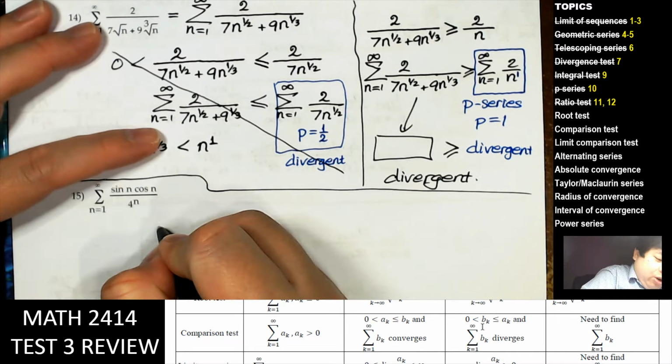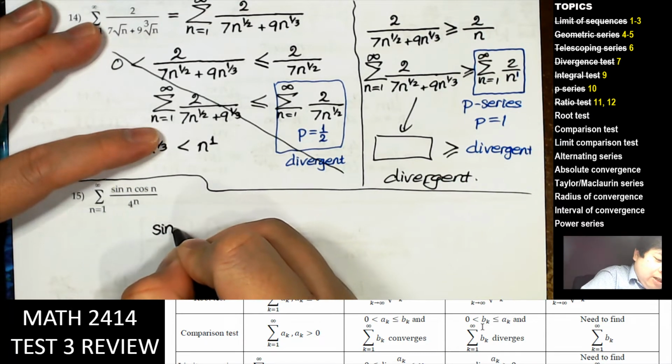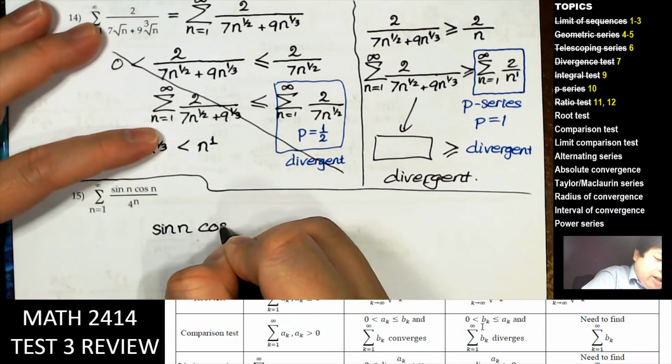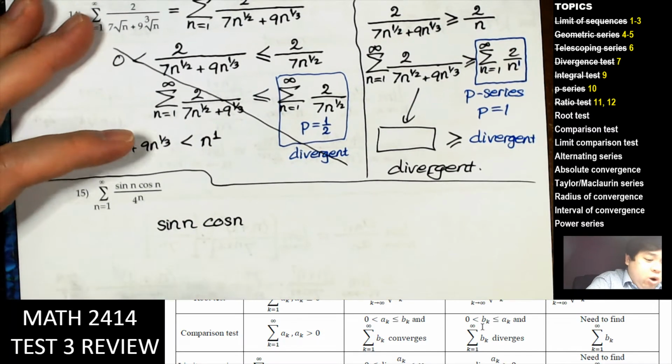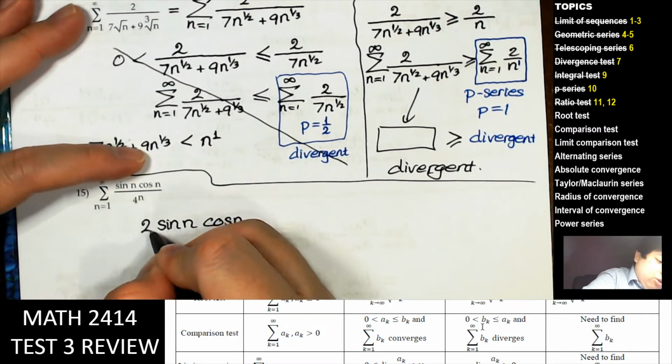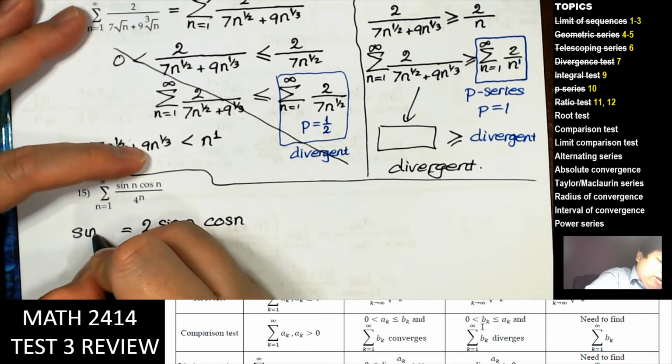So first we have sine of n and cosine of n. Actually, if we notice, if we multiply by 2, that is the double angle.